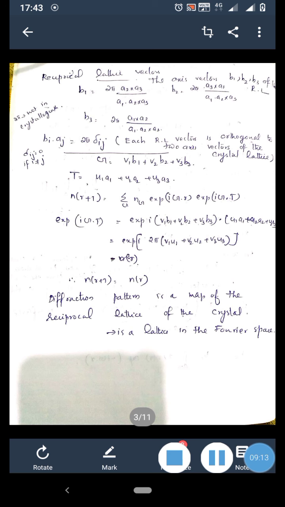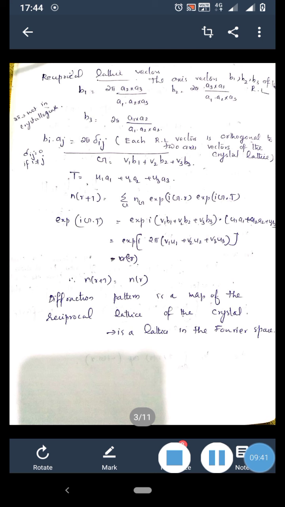The direct image, or microscope image, is related with the direct crystal. Fourier space is related with the reciprocal lattice vector, and the same periodicity as the crystal exists also in the Fourier space, but it is related with the 2 pi. So the periodicity is not in terms of a, it is in terms of 2 pi by a.